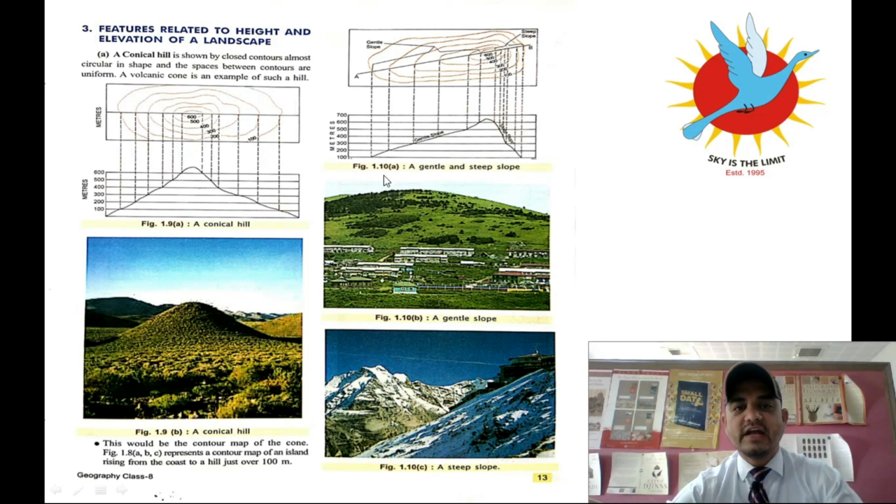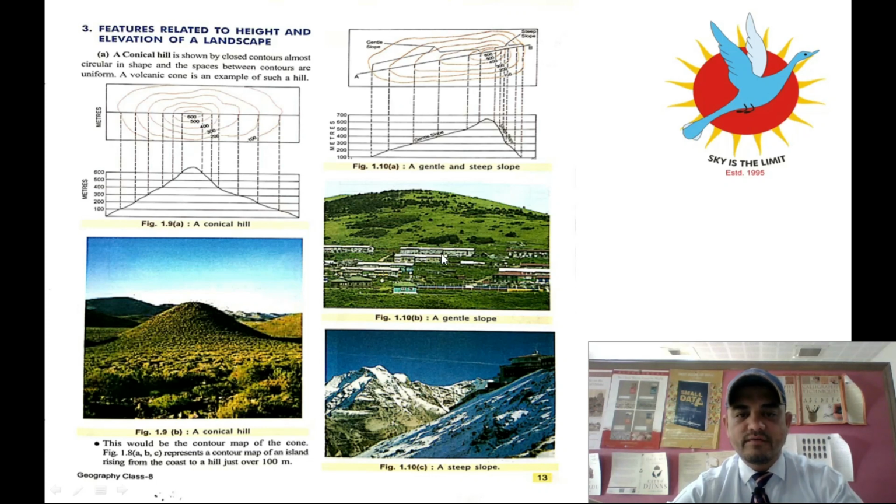Now the next one is the gentle and steep slopes shown in 1.10. See that one, contours are very close, this shows the steep slope. Contours are very wide, this shows the gentle slope. And here 1.10b, a gentle slope is shown, and here 1.10c, a steep slope. You can compare both the pictures.